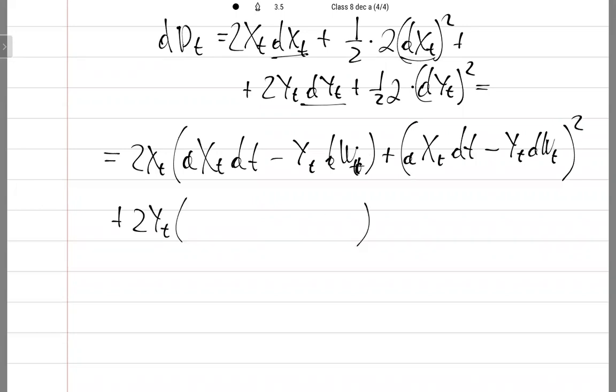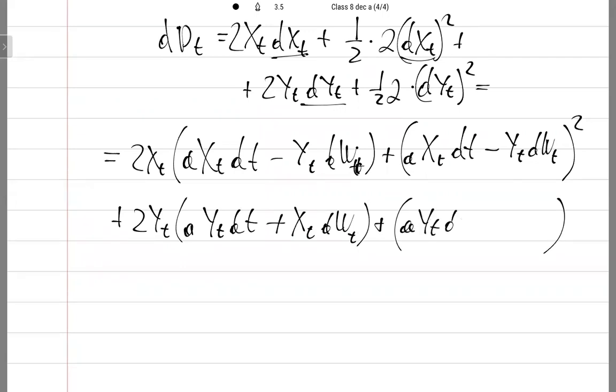What is dyt? Dyt is ayt dt plus xt dyt plus ayt dt plus xt dyt squared. Okay, let's move on. And I see that a lot of terms will disappear.